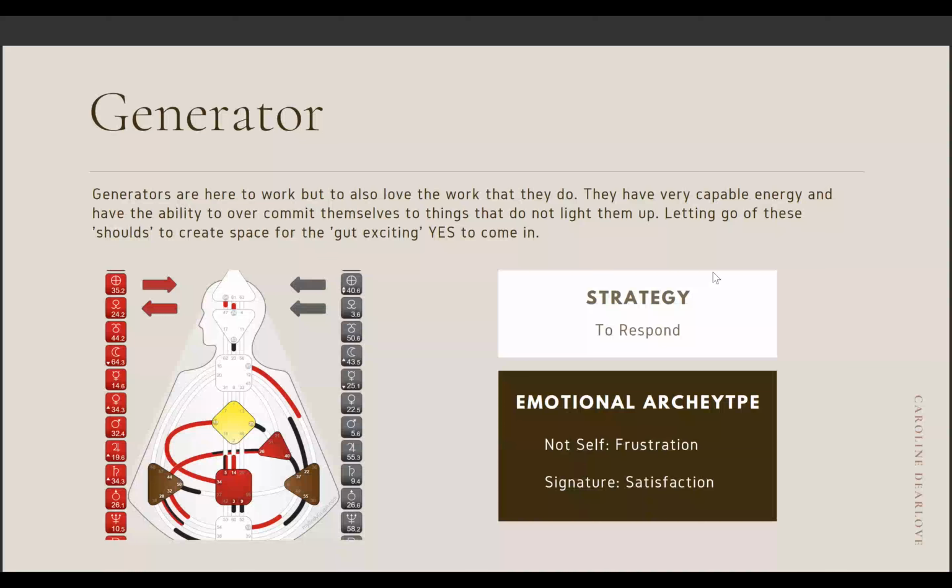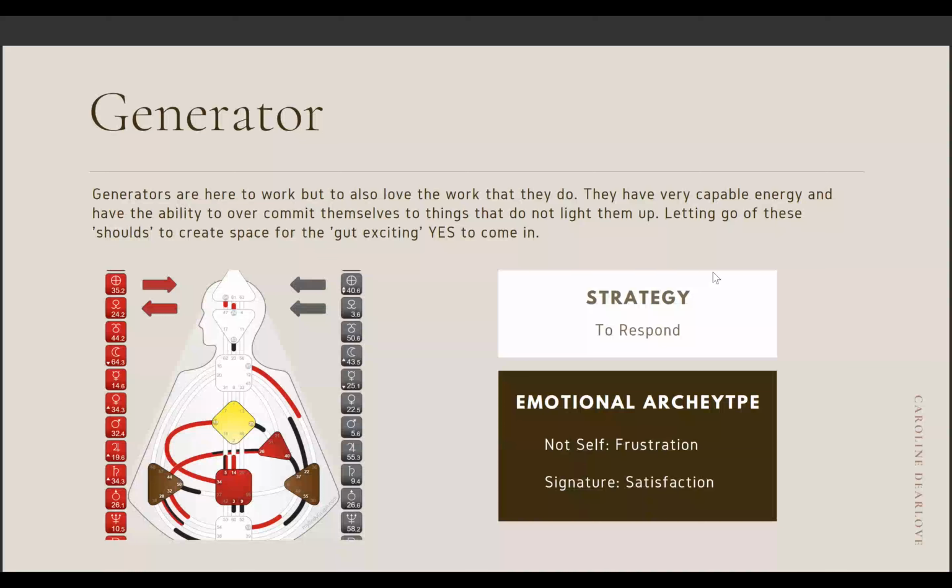Frustration is what you feel when you are in a situation that is not in alignment with who you are. So when you're in that place, if you are a generator, I would highly recommend you pause what you're doing and assess the situation. Assess, how did I get there? Okay, what can I do to shift this energy? Am I doing something that I don't want to do?